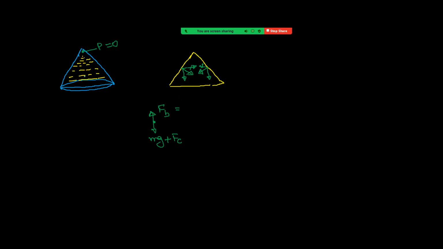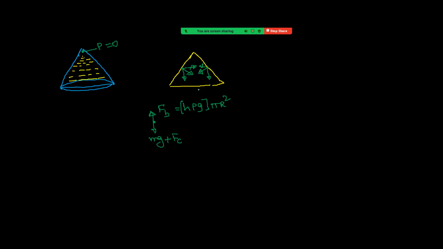That is pressure. Pressure into area, and area is pi r square. So here we have taken one assumption that at this point pressure equal to zero. Then at the base, pressure equal to h rho g, and pressure into area, pi r square, is the force by liquid on the bottom of the cone.